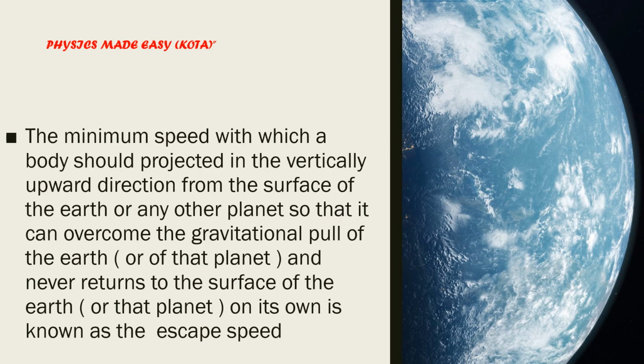In other words, we can say that the minimum speed with which a body should be projected in the vertically upward direction from the surface of Earth or any other planet so that it can overcome the gravitational pull of the Earth or of that planet and never returns to the surface on its own is known as escape speed. So now we are going to understand the expression for escape speed.